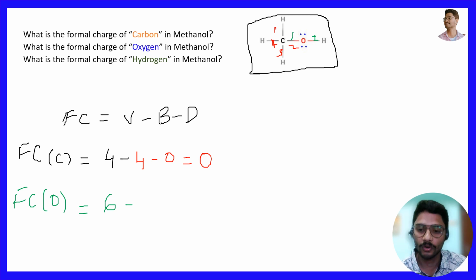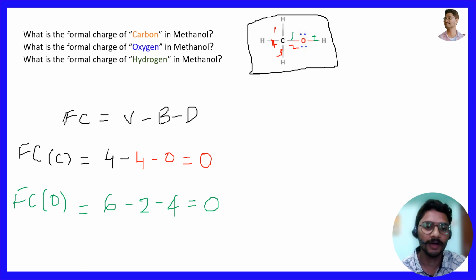So the total number of bonds present around oxygen is 2. And now, what is the total number of dots present around oxygen? If you can see here, 1, 2, 3, 4. There are a total of 4 dots present around oxygen. So when we solve this, 6 minus 2 is 4, 4 minus 4 is 0. So the formal charge of oxygen in methanol is 0.